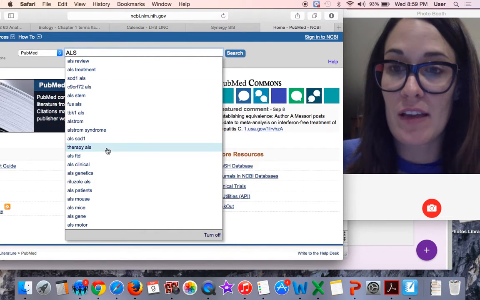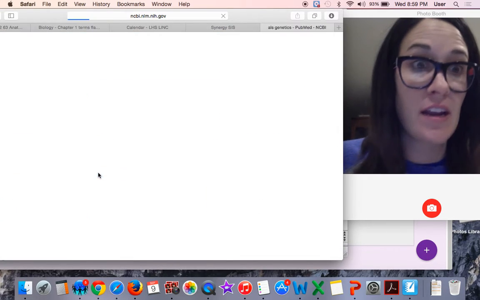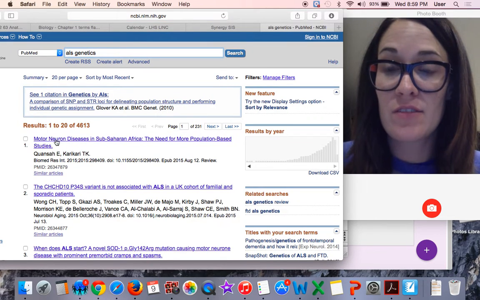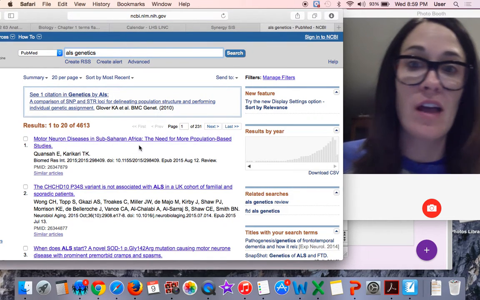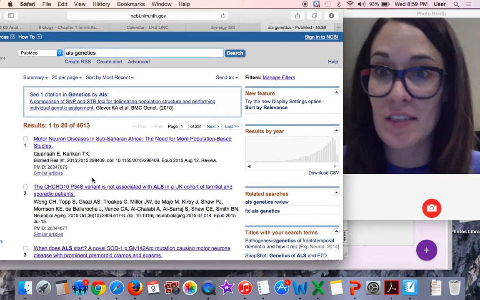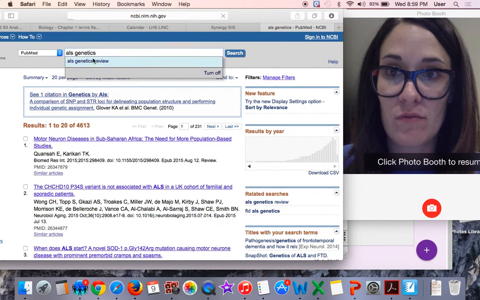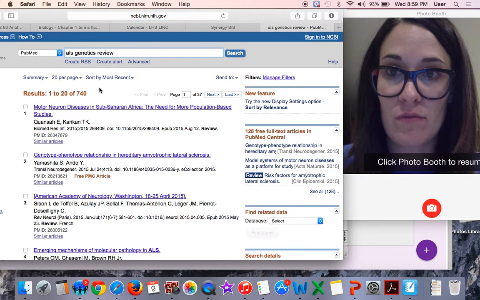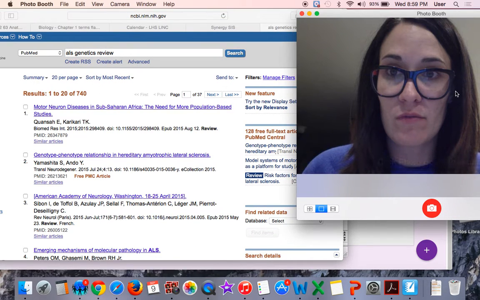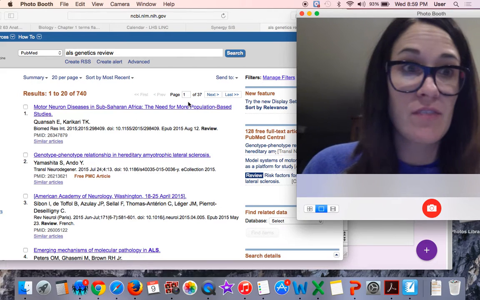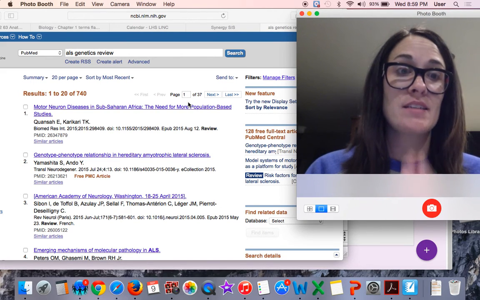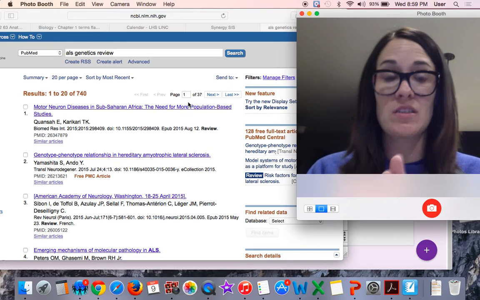Therapy for ALS. ALS genetics. Wondering if there's a genetic link. So motor neuron diseases in sub-Saharan Africa. The need for more population-based studies. That really doesn't sound interesting or applicable to me. So you can look up different diseases and find different articles that have been published by scientists that did this research on these specific things.